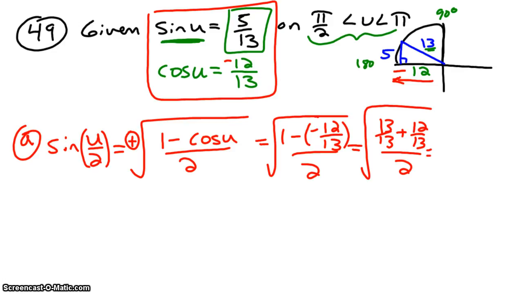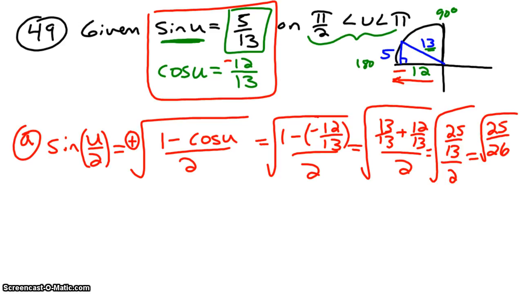What does that give us? That gives us a 25, and so we have 25 over 13 all over 2. In the end, let me make sure I'm doing this right, I'm seeing 25 all over 26, and that is a radical.